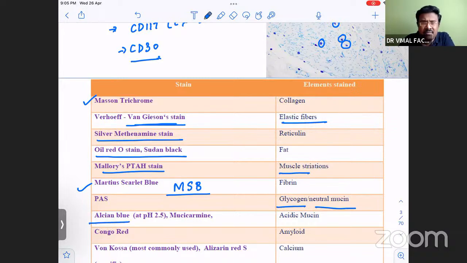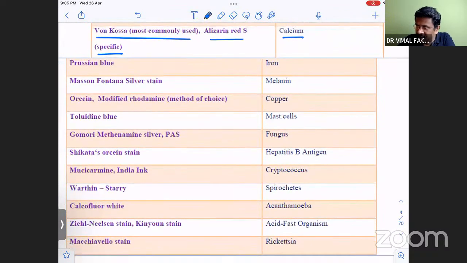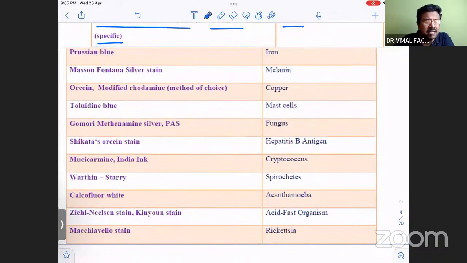Alcian blue, one of the places we commonly use it is in Barrett's esophagus. Alcian blue stains acidic mucin at a pH of 2.5. And Congo red for amyloid. And von Kossa is the most commonly used stain for calcium, and alizarin red is the most specific stain used for calcium. Adding on to the further list, I'll be sharing this PDF with you.